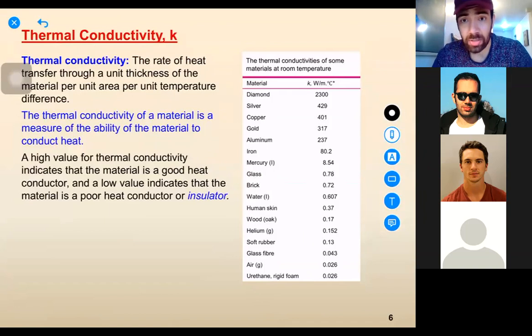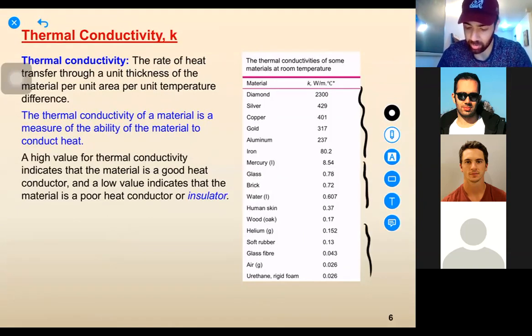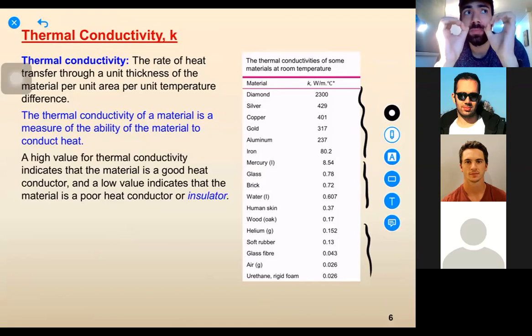Next slide, it also is telling you the thermal conductivity of different materials. As you can see, it is much higher for the solids with respect to liquids and the rest, which are the gases. That is basically due to the distance between the molecules of solids, liquids, and gases.